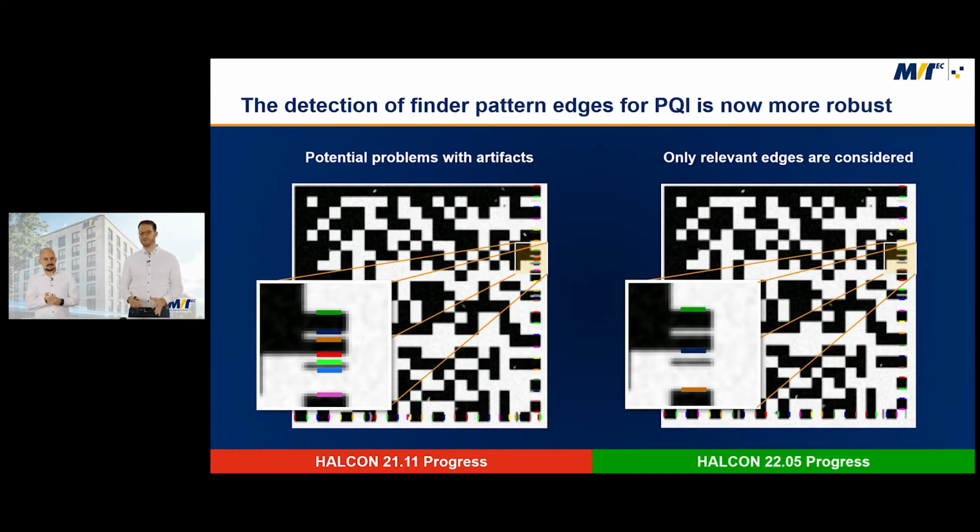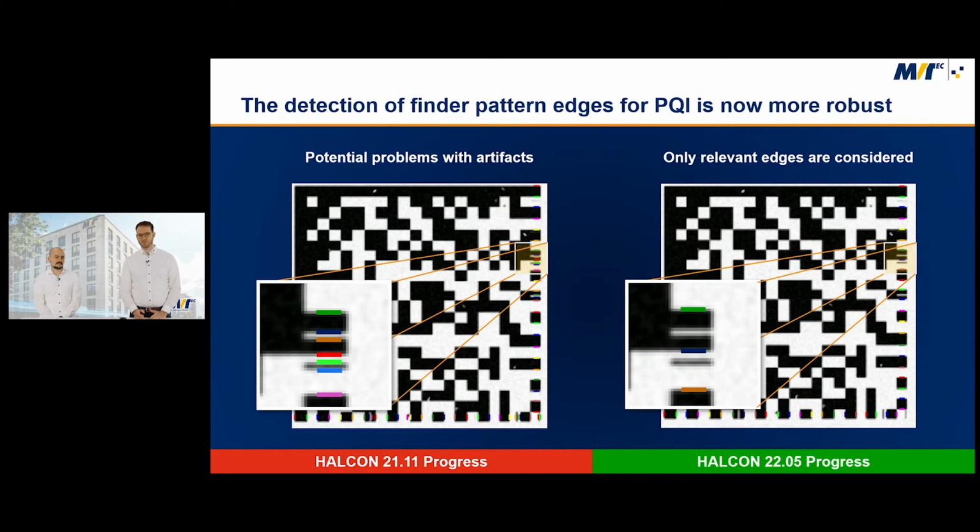So Mario mentioned more robust. This is the first thing that we want to look at. The detection of the finder pattern edges is much more robust. On the left side, with 20.11 progress, the reader is confused, and all these artifacts are also detected as edges. On the right side, with 22.05, only the relevant edges are considered.